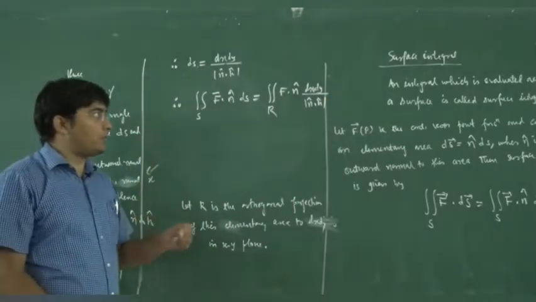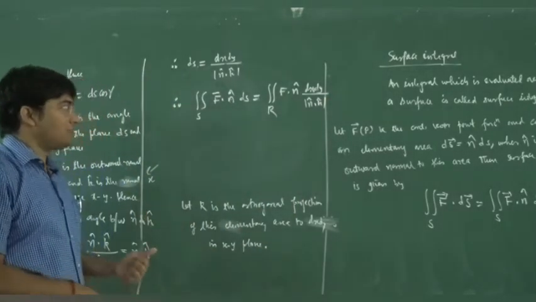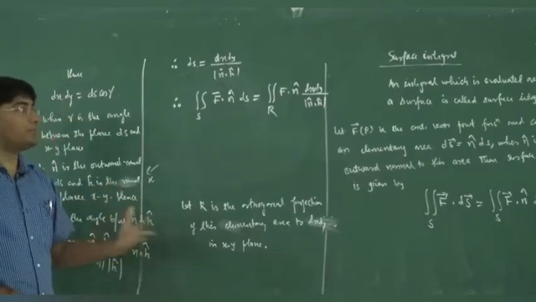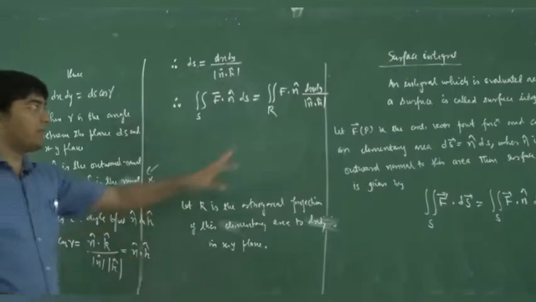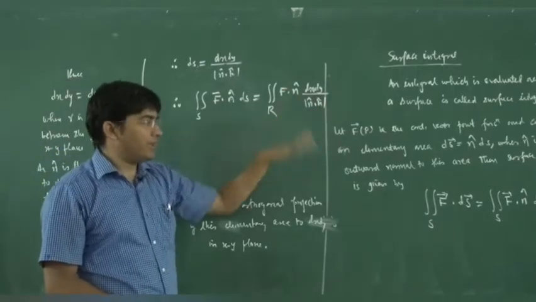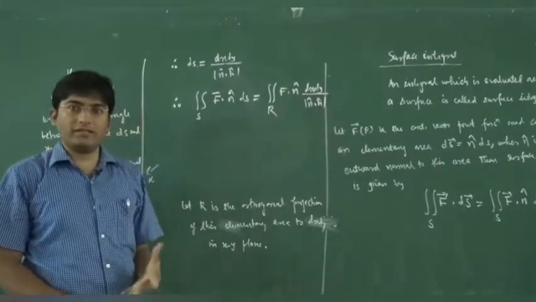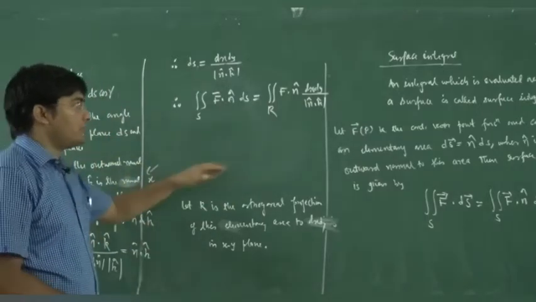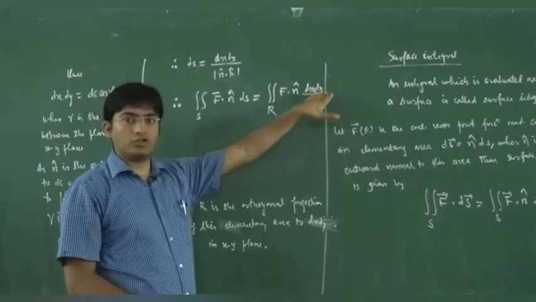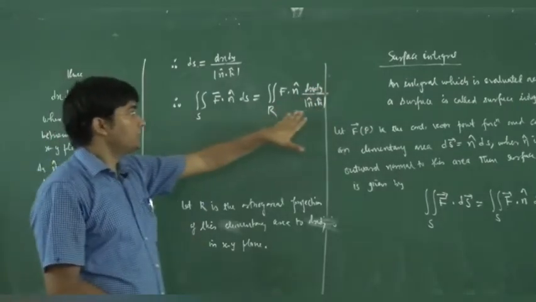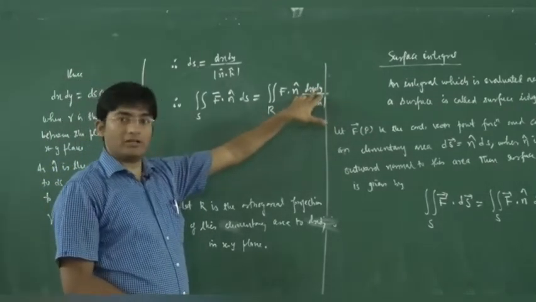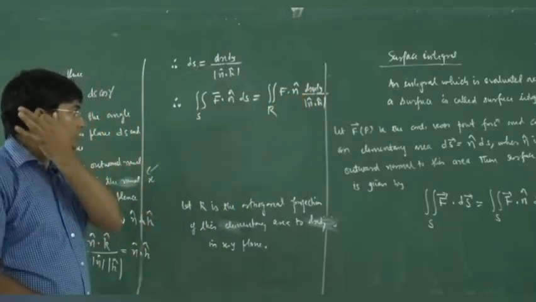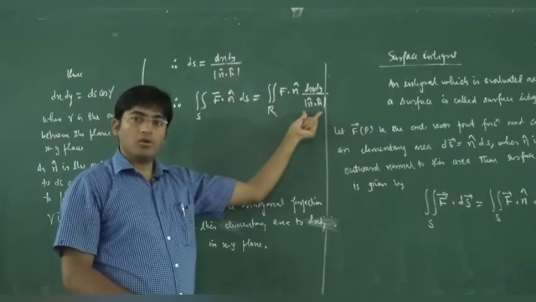Now if your normal to the plane xy is same as your outward normal, then this n dot k will become 1 and the elementary area ds will be just dx and dy. So this is when we have taken the projection of ds on the xy plane.